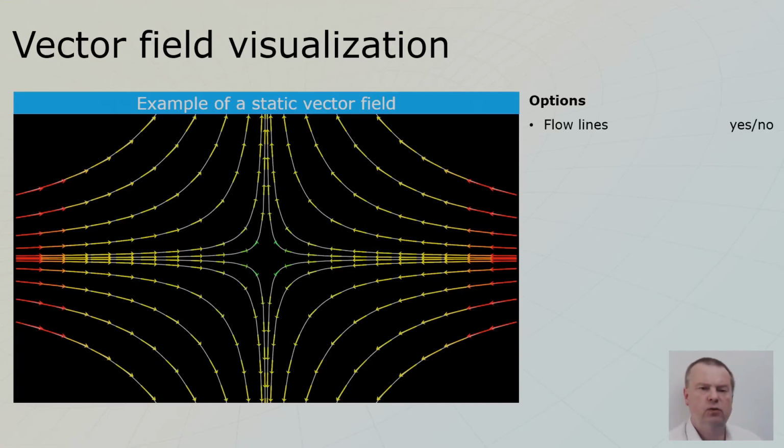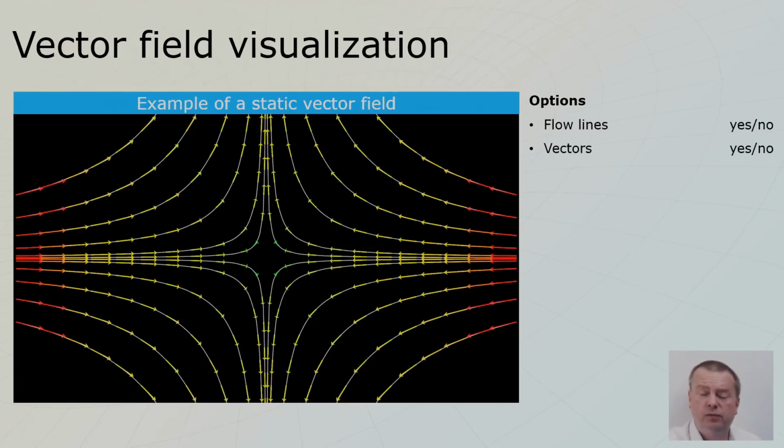Those white lines are called flow lines, and they express how, let's say this is a wind field and we have a bunch of leaves that have fallen from a tree, the leaves will flow through the wind field, through the vector field. You can choose whether or not you want to have flow lines in your visualization. The same for the vectors.